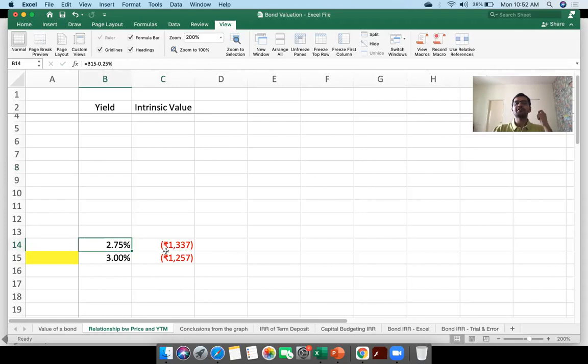Now if the investor's required rate of return is 2.75%, the bond price is 1,337. The interpretation of 1,337 is: if I want a rate of return of 2.75% from a bond which is paying a coupon of $40, whose time to maturity is 50 years, and which is going to pay a redemption value equal to 1,000, then the price I'm supposed to pay for this bond is 1,337.